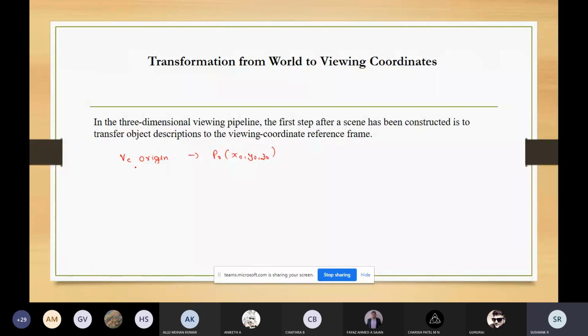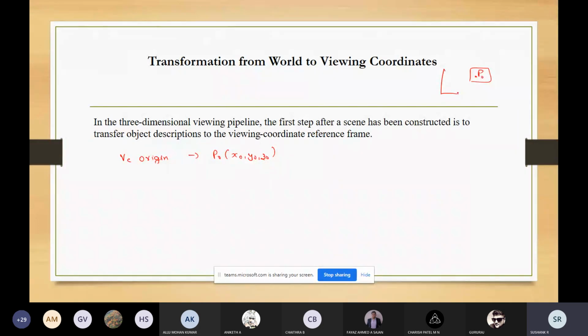So the viewing coordinate origin is at the world position given by the point P naught, which is represented by x naught, y naught, z naught. It is like this: some world coordinate system, and the origin is at some point P naught.